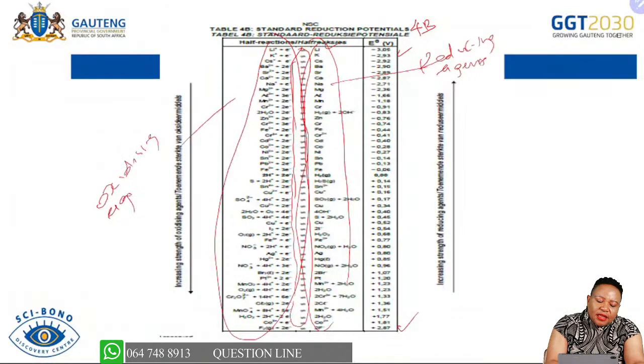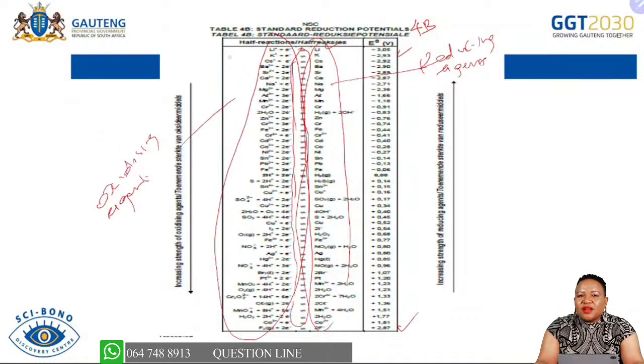Why am I saying these are your reducing agents? It's because when you go from this side to the left, there are those substances that will lose electrons. And everything that is on the left hand side is gaining electrons. And remember, according to our definitions of reducing agent and oxidizing agent, we said reducing agents are substances that lose electrons.